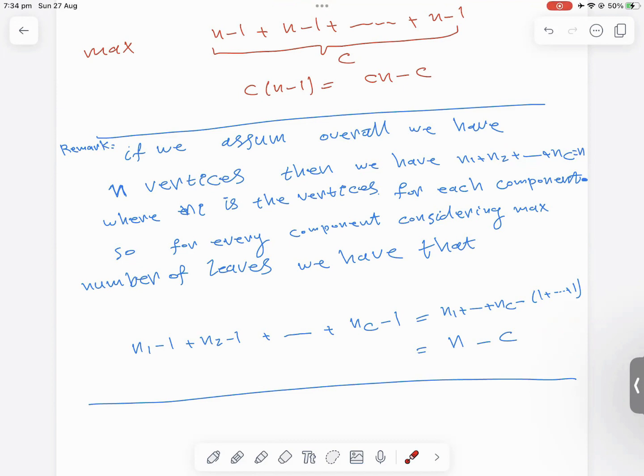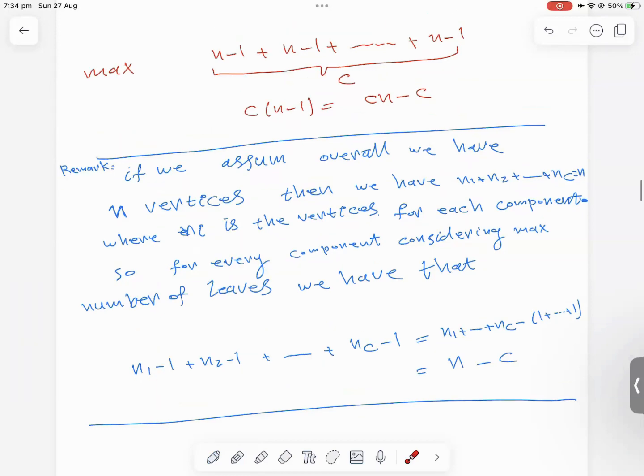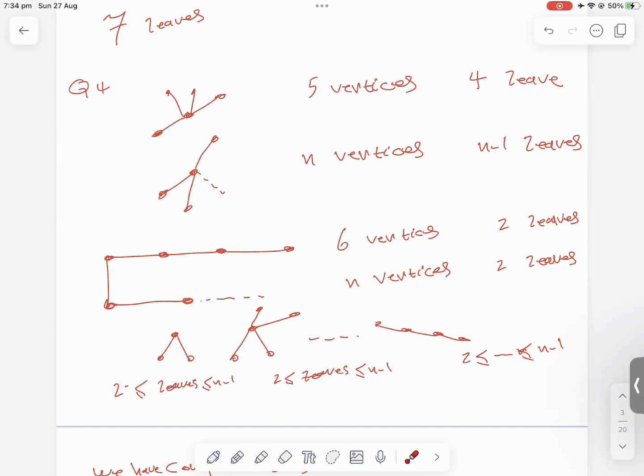Then considering the maximum situation in terms of leaves for each component, for the first component we have n1 minus 1 leaves, like the situation here.